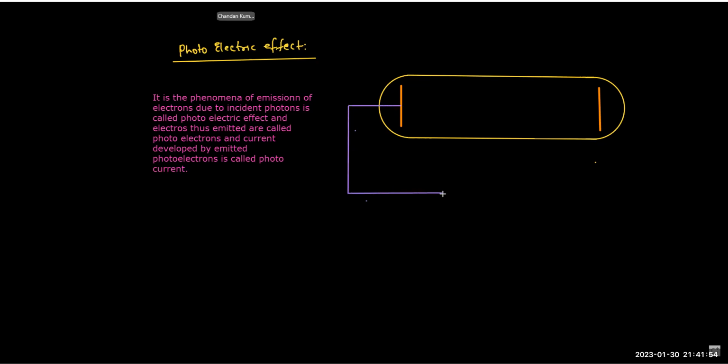So generally, one of the plates is having the lower potential, which we call cathode. Cathode means the negative potential plate, and the high potential we call anode.